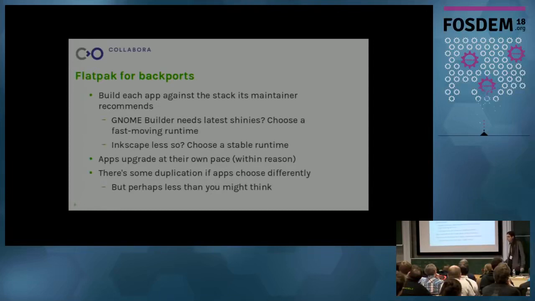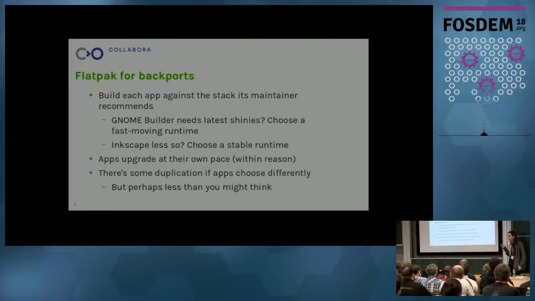You can have one choice of runtime that you run on for GNOME Builder if it needs the latest shiny GNOME things. If Inkscape doesn't need really recent stuff, you can run it on a different runtime. You don't have to choose a single answer. And each upstream app author can choose the pace they upgrade at, and not be forced into, well, we have to use this new version because this other app wants it.